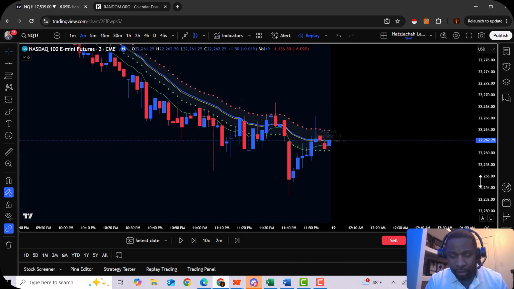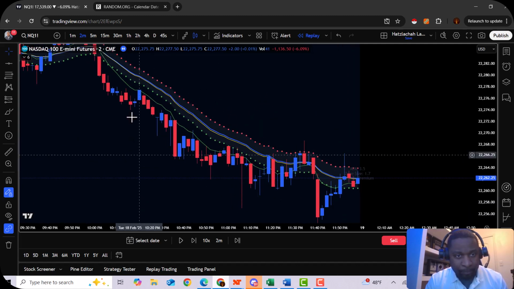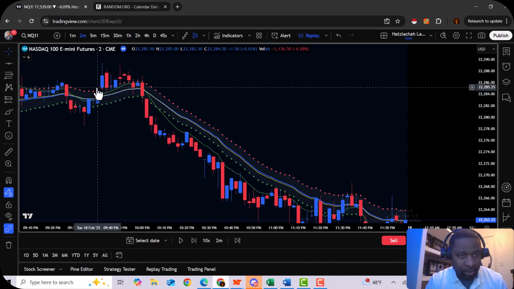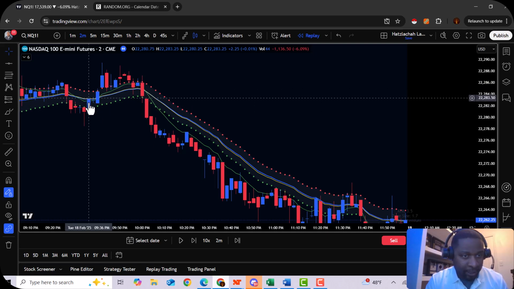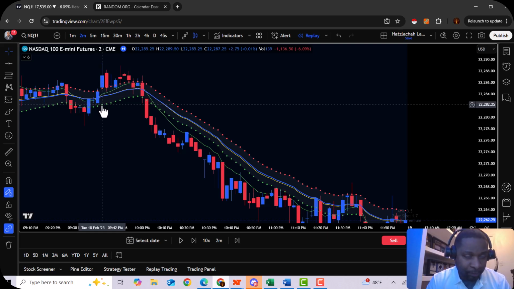For this particular strategy, what we're going to do is wait for the candle to close above the middle point and not above or below the ATR. Then we get into the trade to take it to the ATR or beyond.